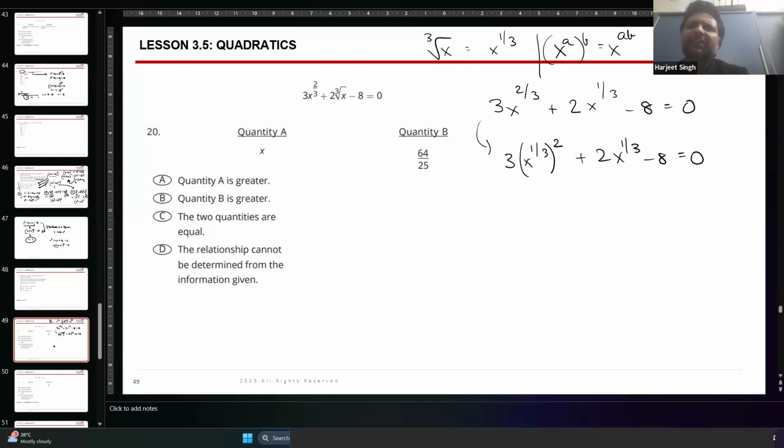So x raised to 2 by 3 is nothing but (x raised to 1 by 3) square. Correct? So can we identify this is like a quadratic now, where I can substitute y equal to x raised to 1 by 3. So then my equation becomes 3y square plus 2y minus 8 equal to 0.